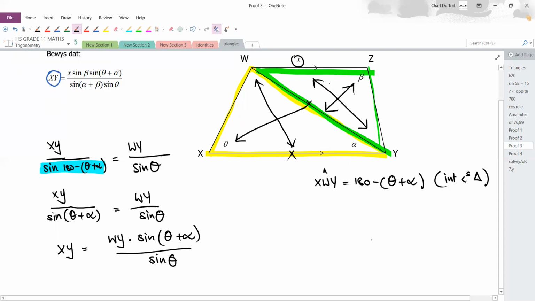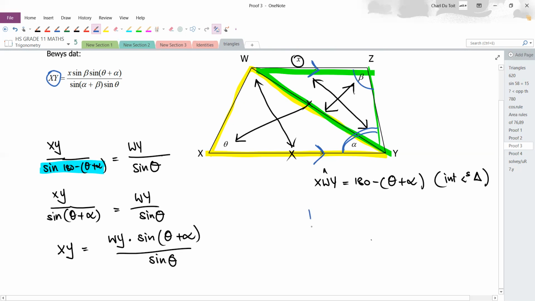Well, these two lines are parallel. So the sum of these two angles is 180 degrees. Do you agree? Yes, sir. It's not interior, it's not corresponding angles, it's not alternating angles. It's co-interior angles.